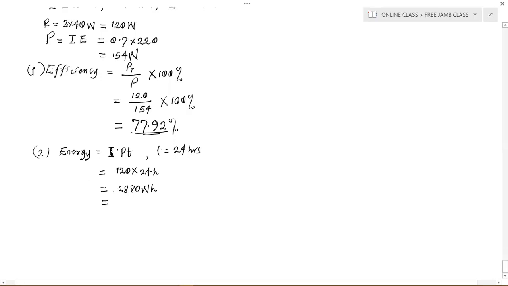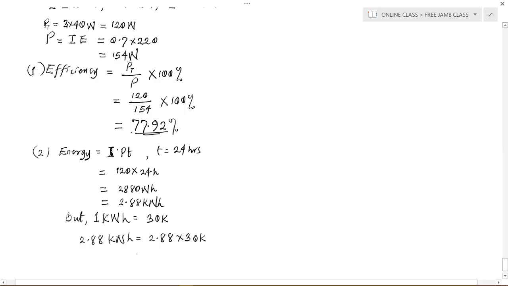So that thing here is equal to 2.88 kilowatts hour. Then since we're told that 1 kilowatt hour equals 30 kobo, we can say that 2.88 kilowatts hour equals 2.88 times 30 kobo.